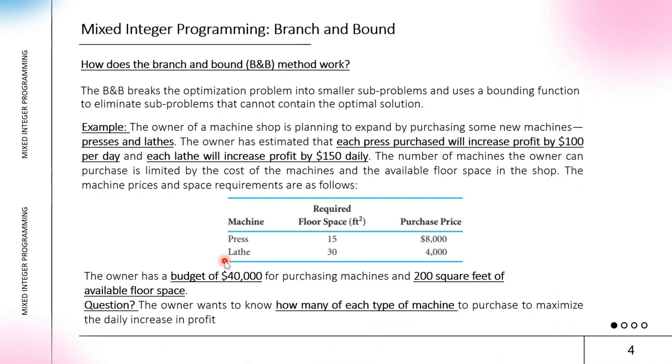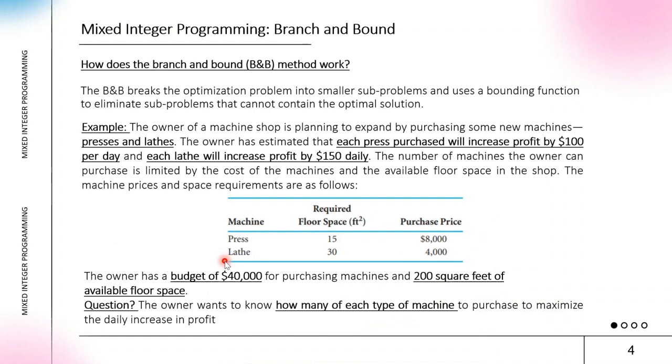Okay, here we discuss the branch and bound method, a widely used algorithm for solving mixed integer programming problems. The basic idea is to divide the optimization problem into smaller subproblems and solve a relaxed version, discarding or splitting paths that cannot contain the optimal solutions.